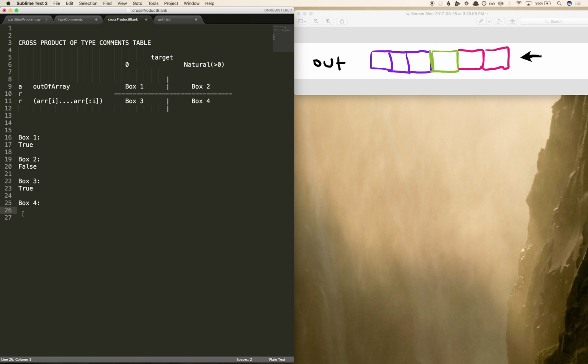And now the more difficult thing is box 4. Box 4 is sort of the most difficult part of this. So what does it mean? We're somewhere in this array. We're supposedly in the green box, and we have all the purple boxes left, and we have a target greater than 0.